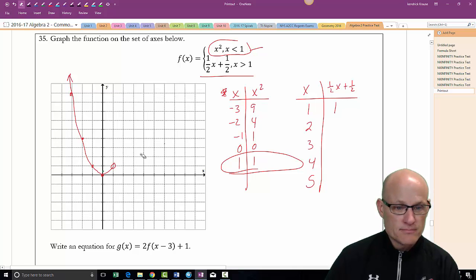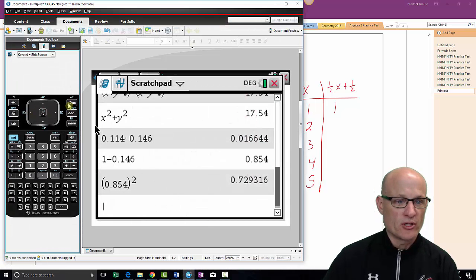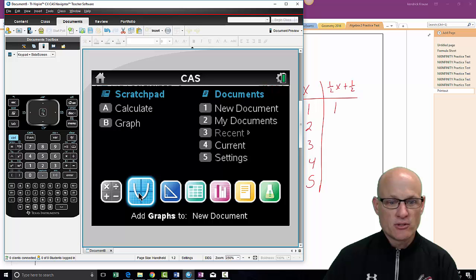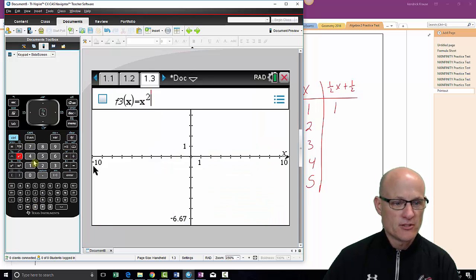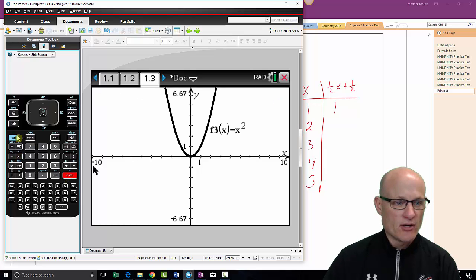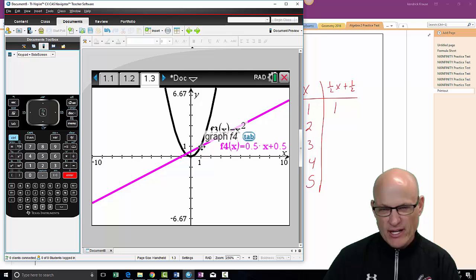But what I'm going to do, oh crap, there's an open circle there. For you guys, what you probably would do is just go into graph mode, and you could graph x squared. There's x squared. And then you can graph 0.5x plus 0.5. And there's that one. And notice they hit right here at 1, 0.